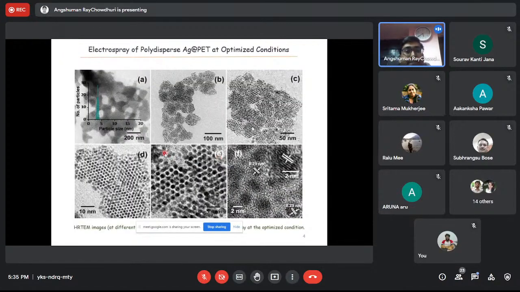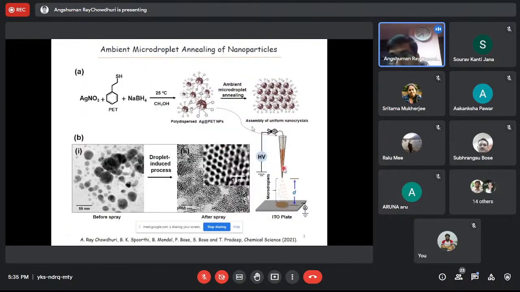So this is after the electrospray of the polydispersed silver PET nanoparticles at optimized condition. Again, I am going to the previous slide. For getting this type of particles, we have to play with some different parameters. First is the tip to collector distance. That is very important.